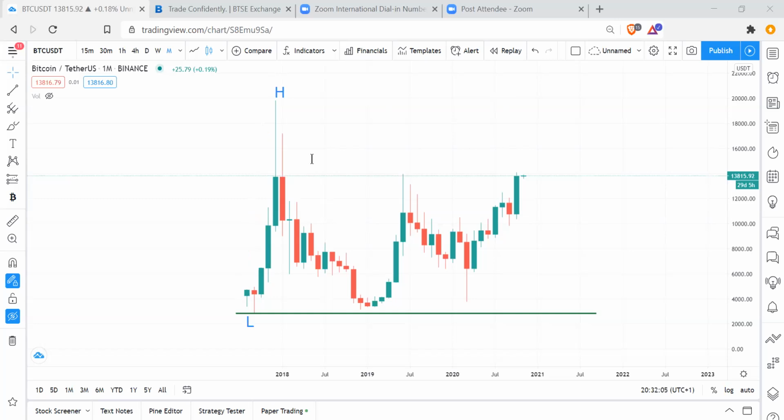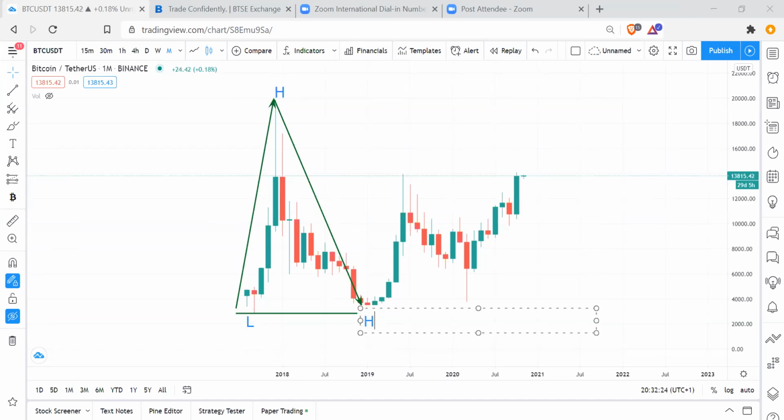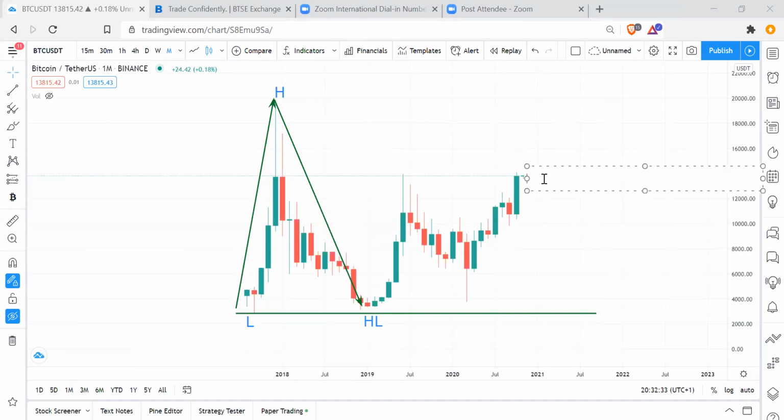Then what happened after? Price pushed up, made a high. Price came down. What did it make? Was it a lower low or a higher low? Notice, did the price break below this previous point? No, it didn't. So price made a higher low. And once we have a higher low, does that indicate a possible uptrend or a downtrend? An uptrend.